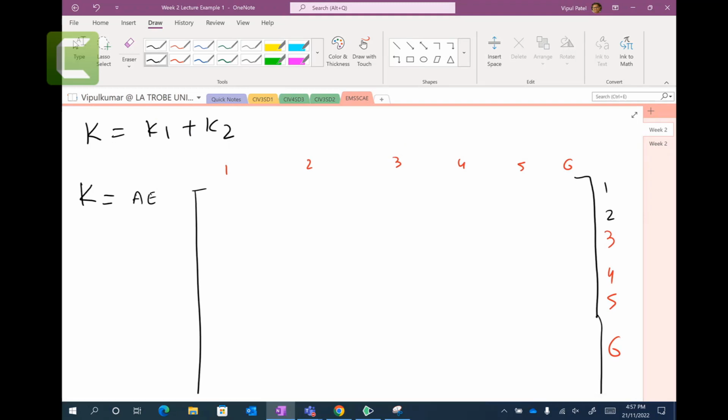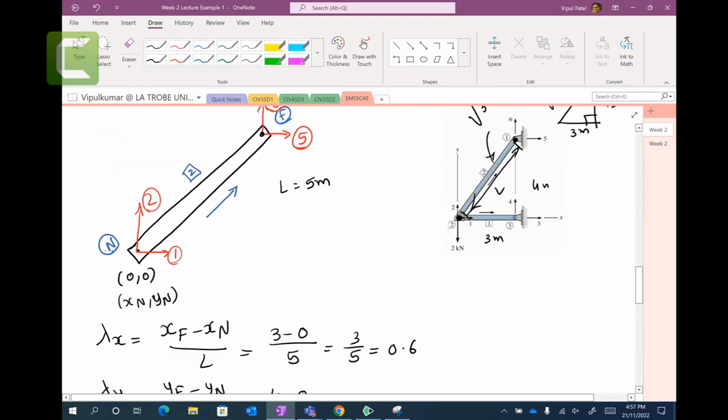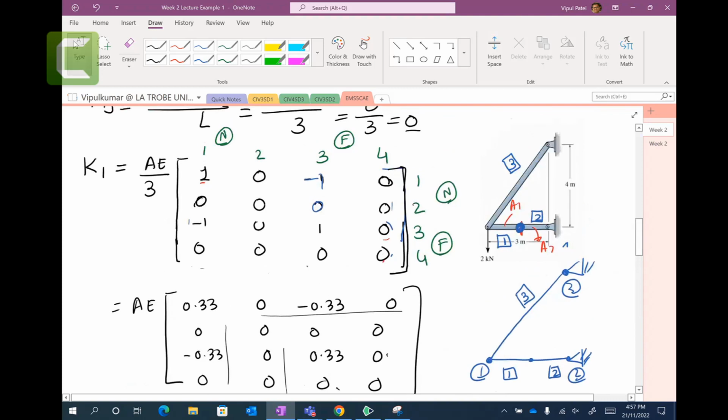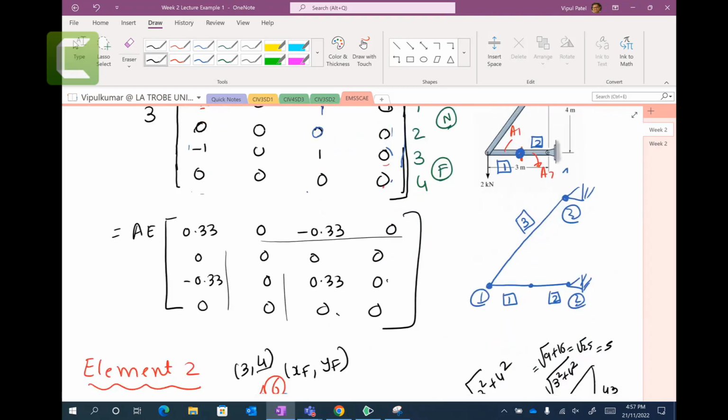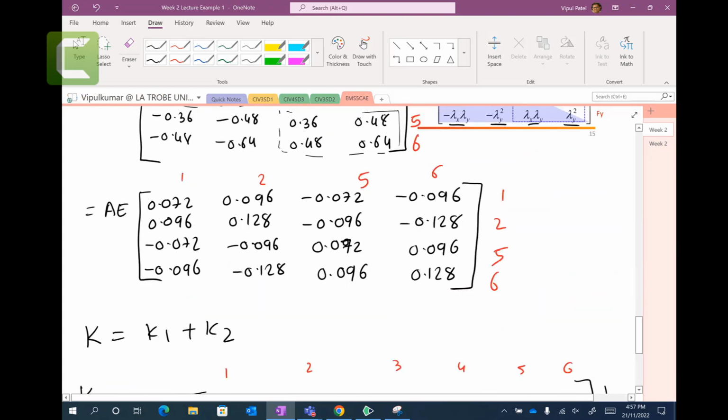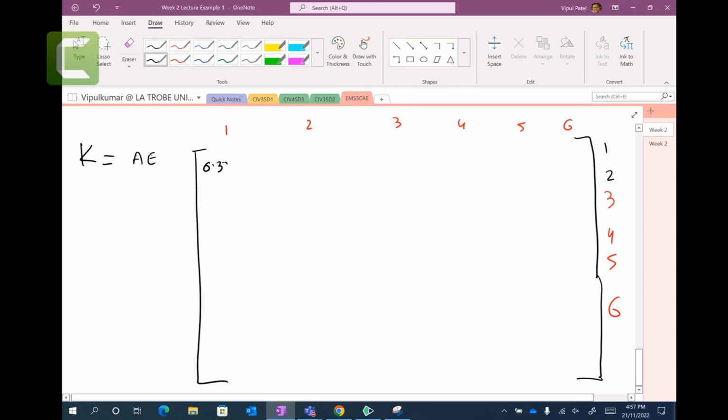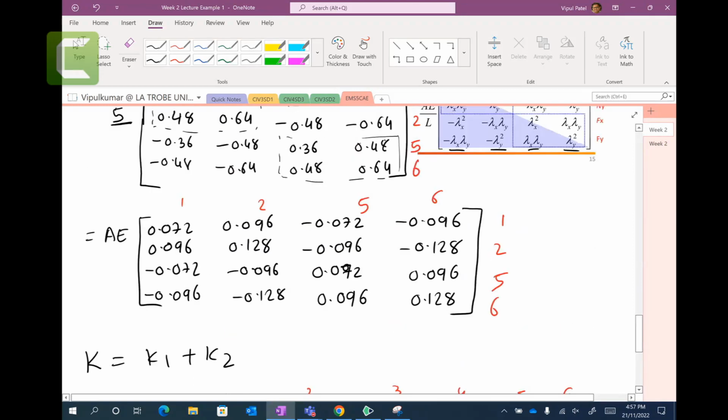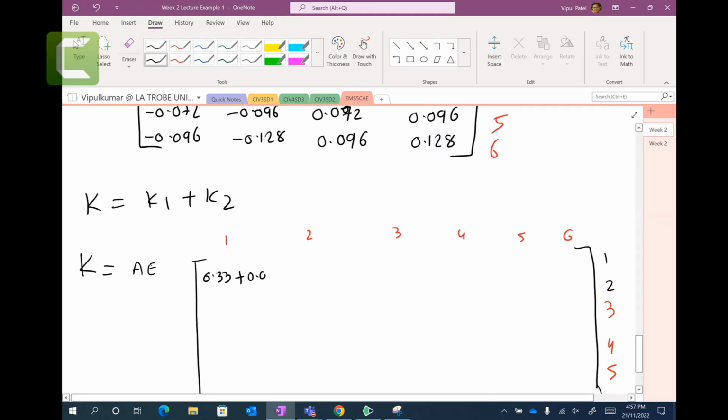All right. 1, 1. Go to K1. 1, 1. So I think that is 1, 2, 3, 4. So 1, 1. Row 1, column 1. So you have 0.33 plus row 1, column 1, 0.072. You get 0.405.